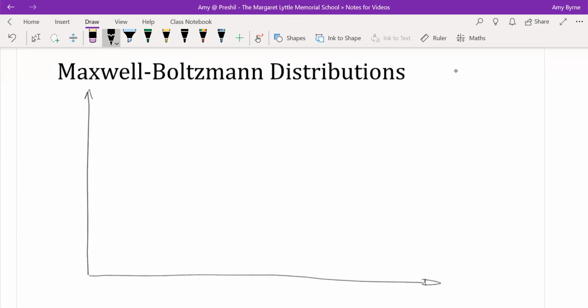Along the x-axis, this can be labelled as energy or kinetic energy. And along the y-axis, this is either number of particles or frequency of particles. I mean frequency in terms of number, not frequency in terms of waves.